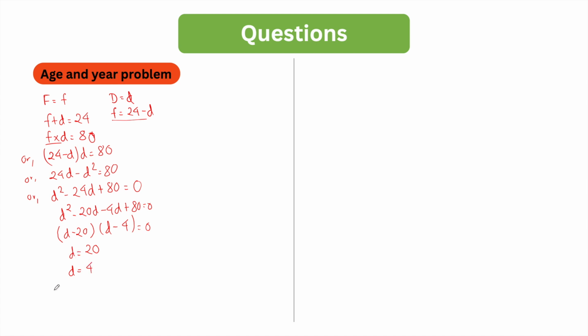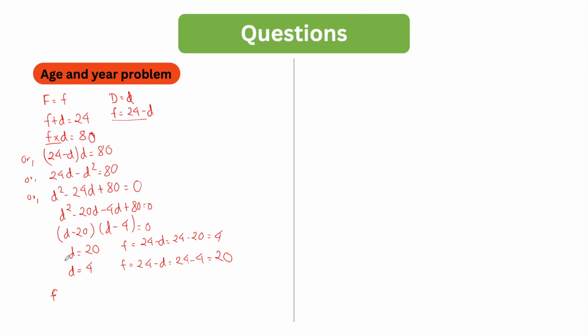Okay, now we will get f. If d = 20, then f = 24 − d = 24 − 20, that is 4. If d = 4, then f = 24 − d = 24 − 4, that is 20.